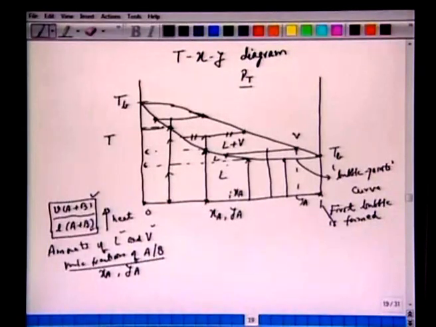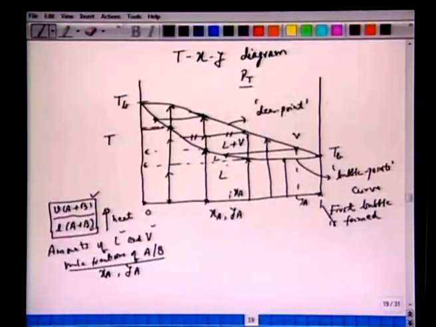Now if we further heat it, continue with this heating, then a temperature is reached at which the entire liquid is converted into vapor. So similar to the bubble point curve, we have a locus of what we call the dew point curve.